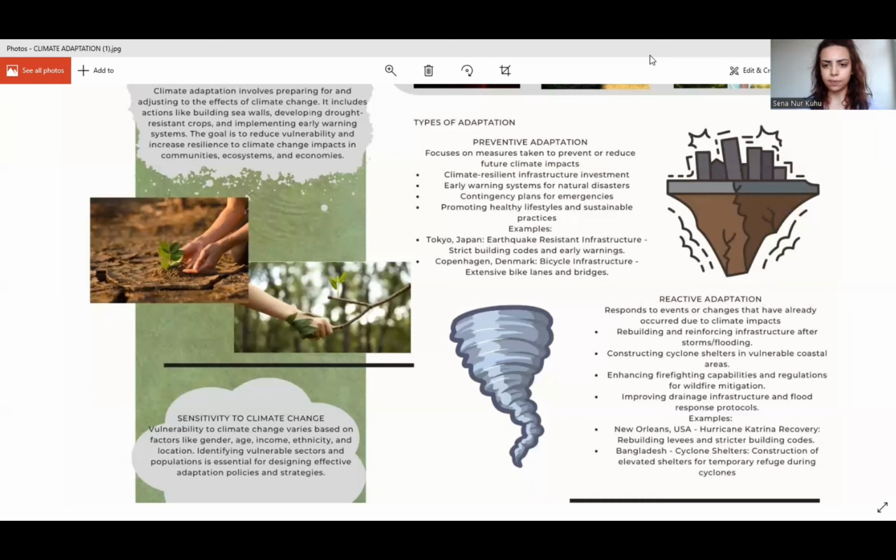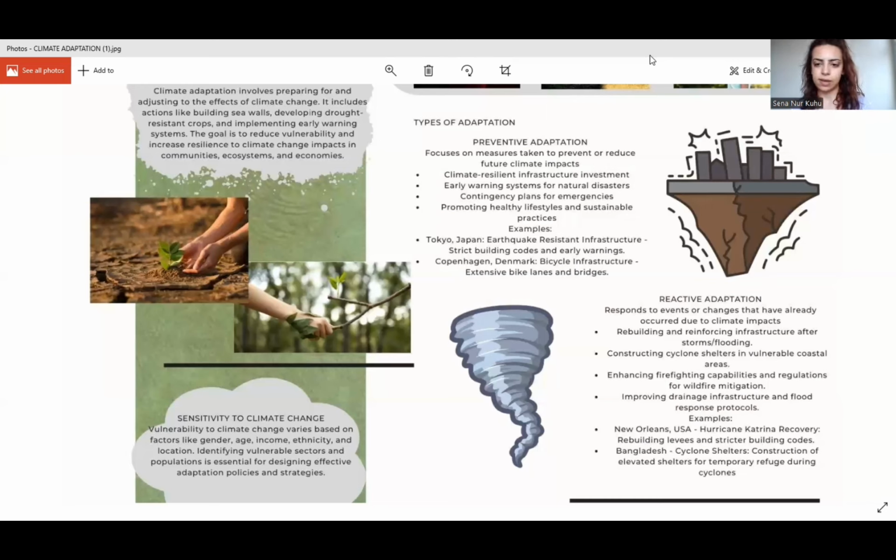Reactive adaptation is a response to events or changes that have already occurred due to climate impacts: rebuilding and reinforcing infrastructure after storms, constructing cyclone shelters in vulnerable coastal areas, enhancing firefighting capabilities and regulations for wildfire mitigation, improving drainage infrastructure and flood response protocols.